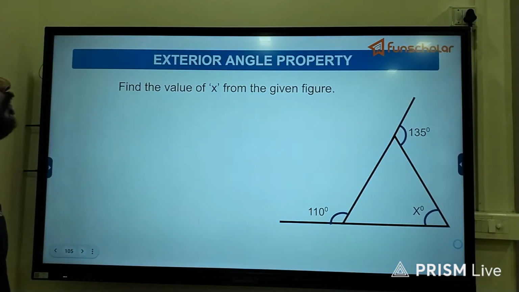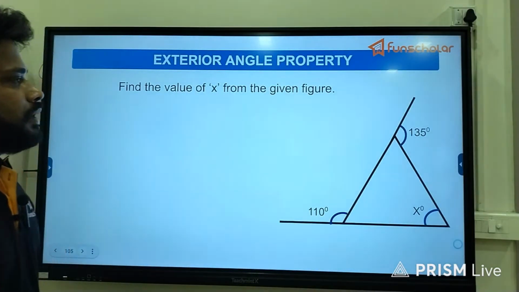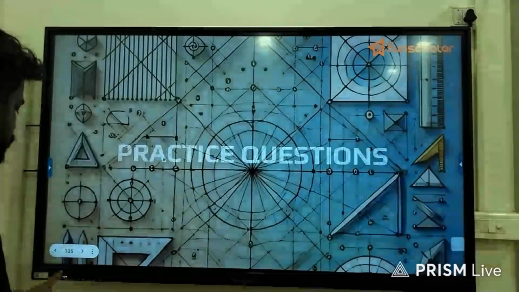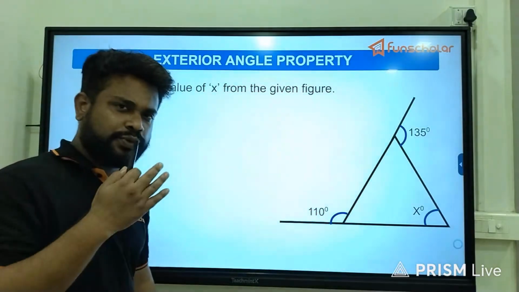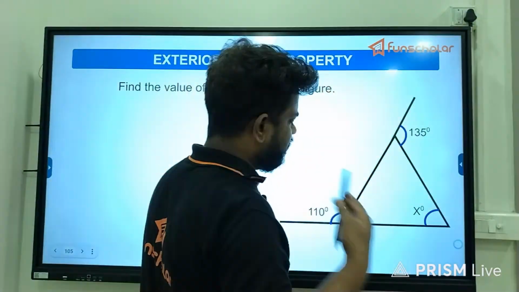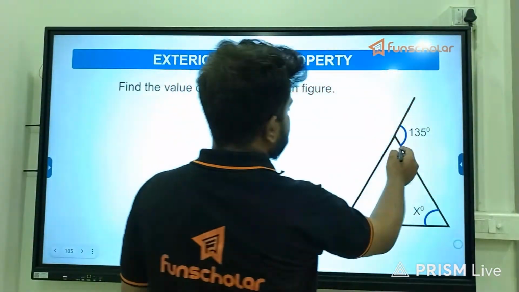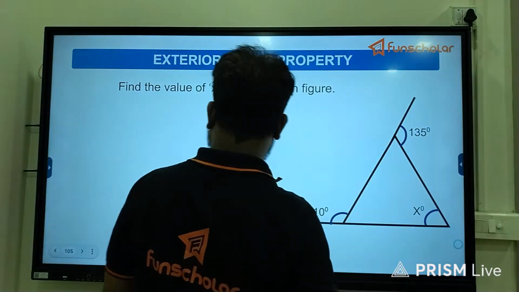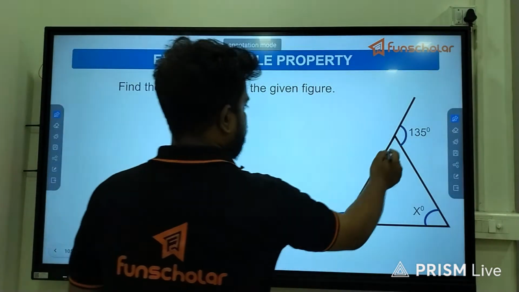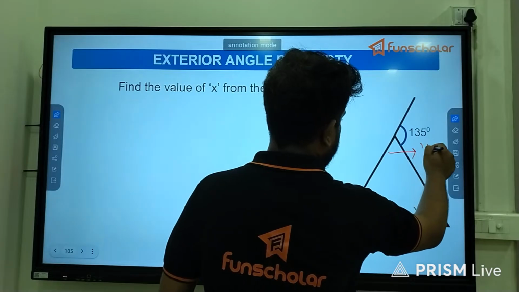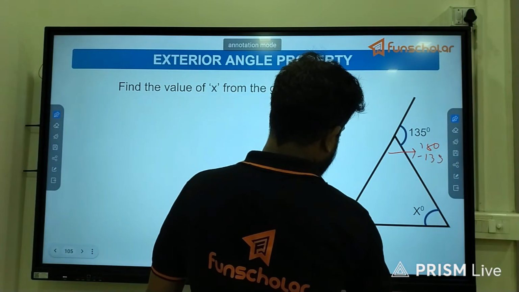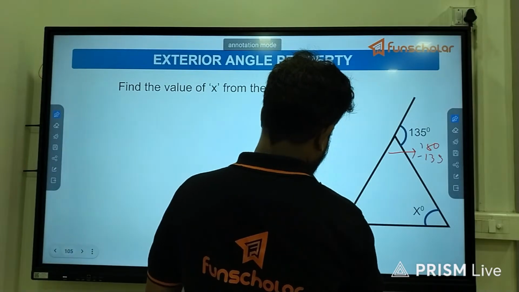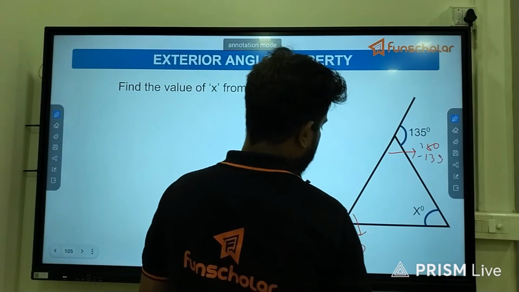Next, find the value of x from the given figure. Okay, so this one is for you guys. You have to do it at home. I'm just giving you a hint. This one will be 180 minus 135, and this one will be 180 minus 110.